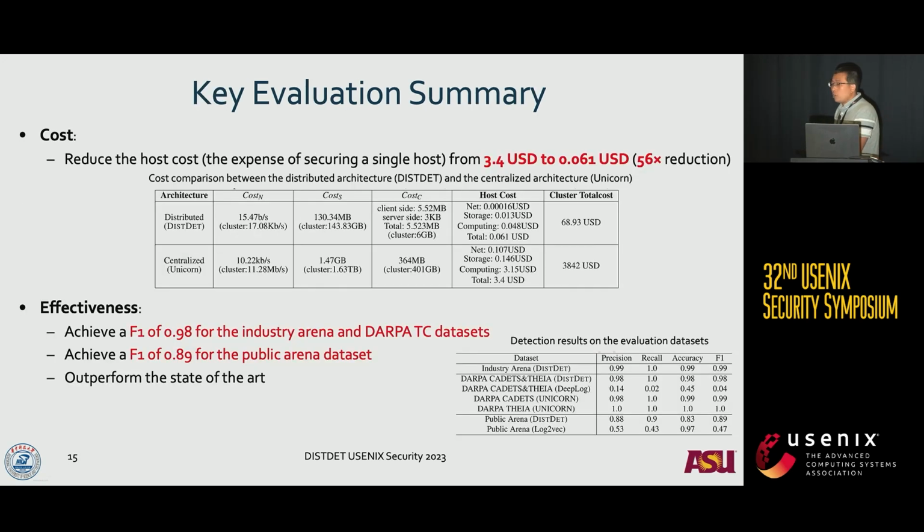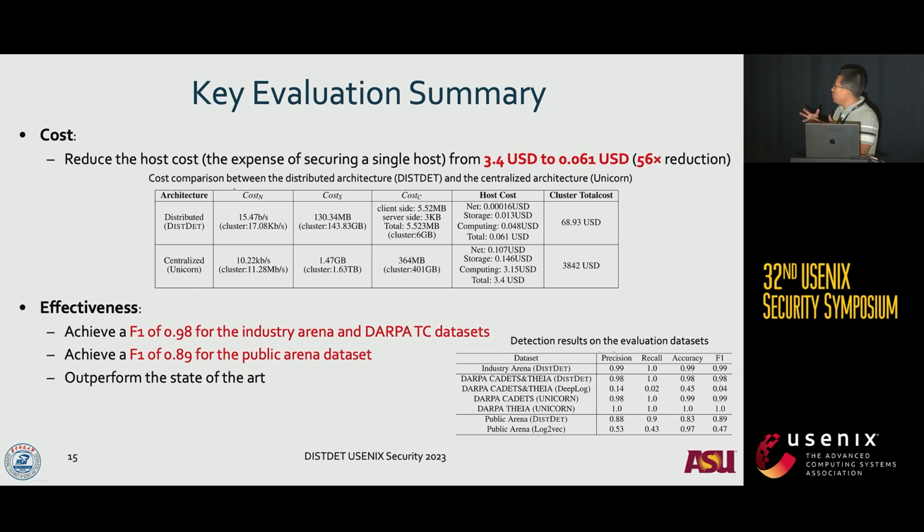So here's the summary of our evaluations. First, the cost: we show that our system can successfully reduce the protection cost for each host from $3.4 US to $0.061 US. This is about a 56 times reduction. Second, we evaluate the effectiveness of our detection.